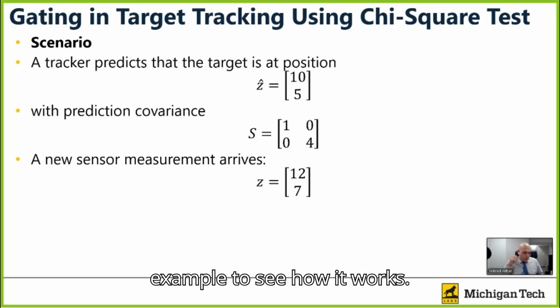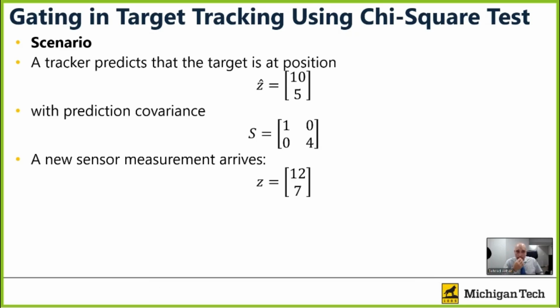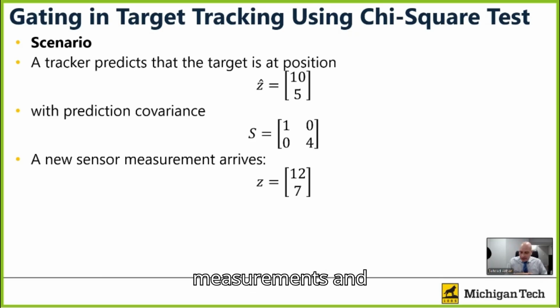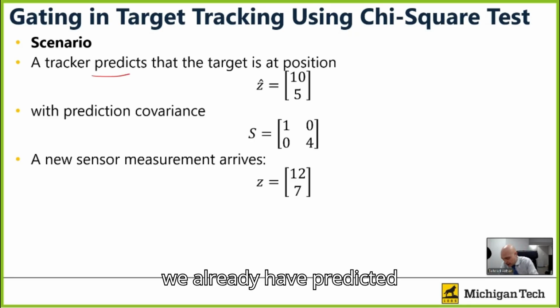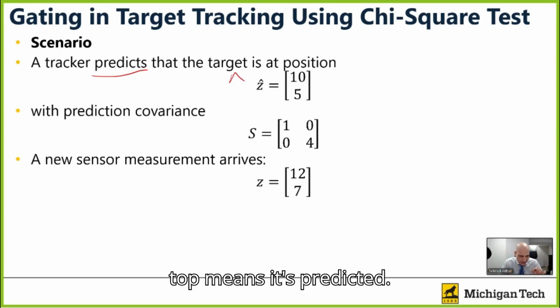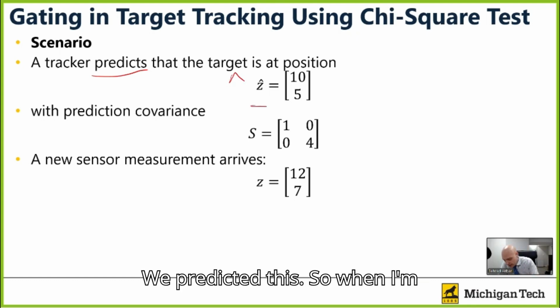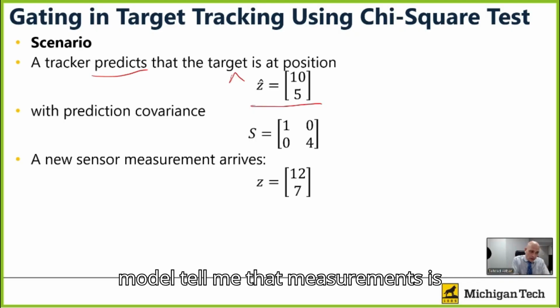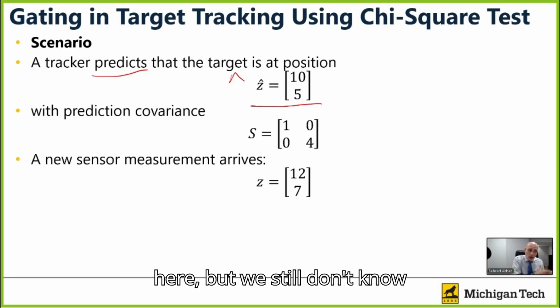Let's do an example to see how it works. So this is for target tracking. We have a measurement, and we already have predicted measurements. When we put this on top, it means it's predicted. When I'm talking about prediction, it means my model tells me that the measurement is here, but we still don't know the measurement.